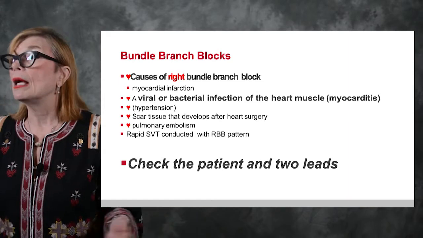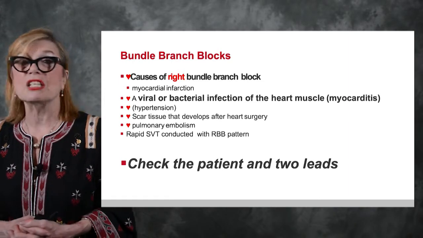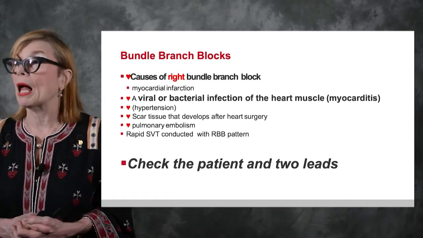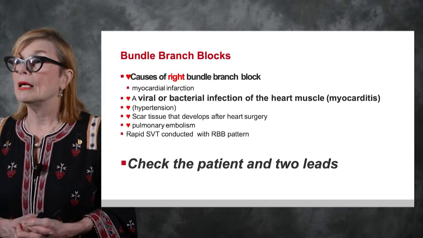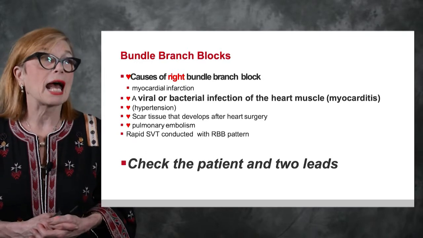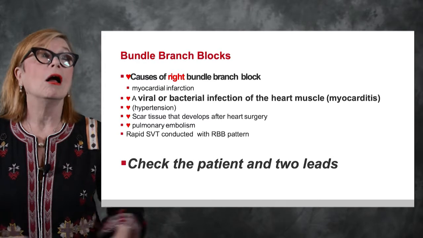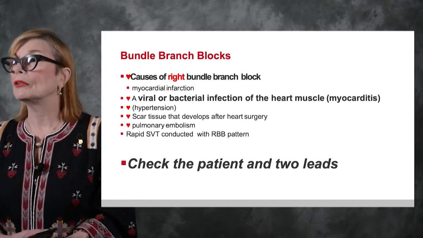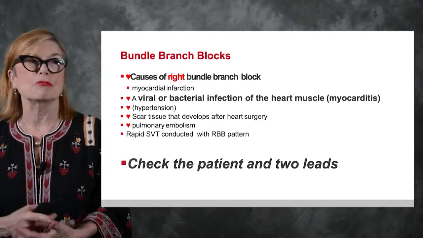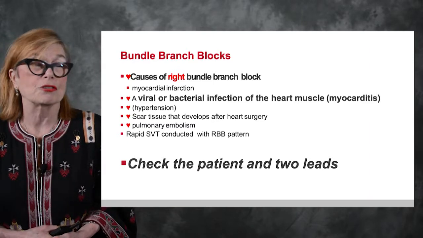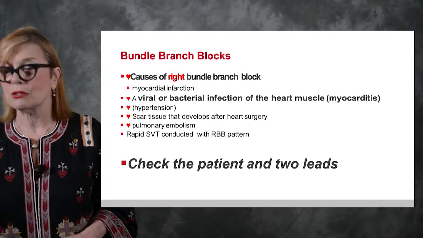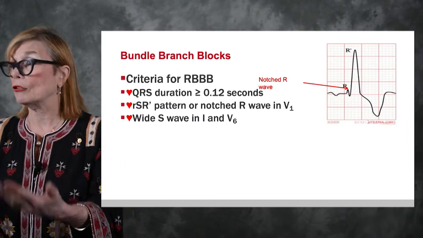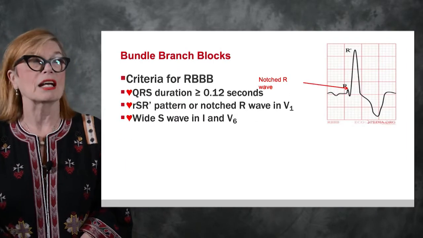So remember, if that occurs, rapid SVT conducted with the right bundle branch block pattern, check your leads, check your patient. If your patient has a pulse, you will cardiovert, and if they do not have a pulse, you will defibrillate. Doesn't matter if it's rapid SVT if they don't have a pulse. So the pulse helps us to make a difference in terms of diagnosis and a therapeutic intervention.